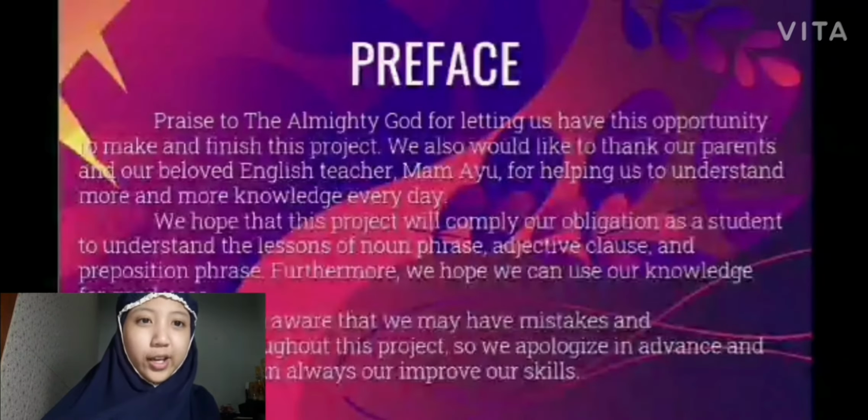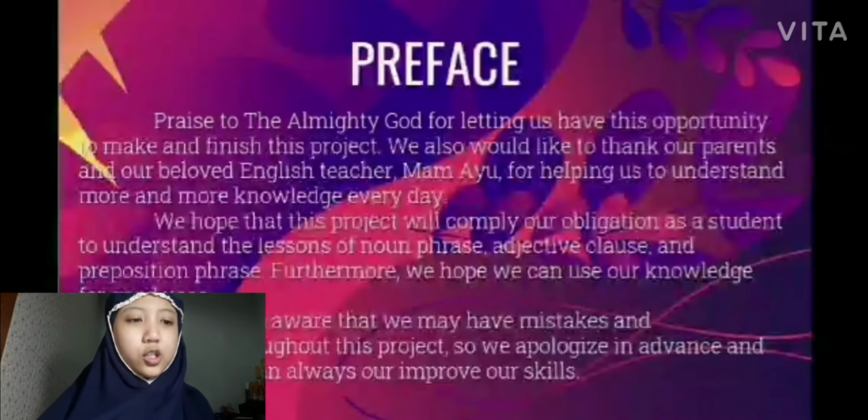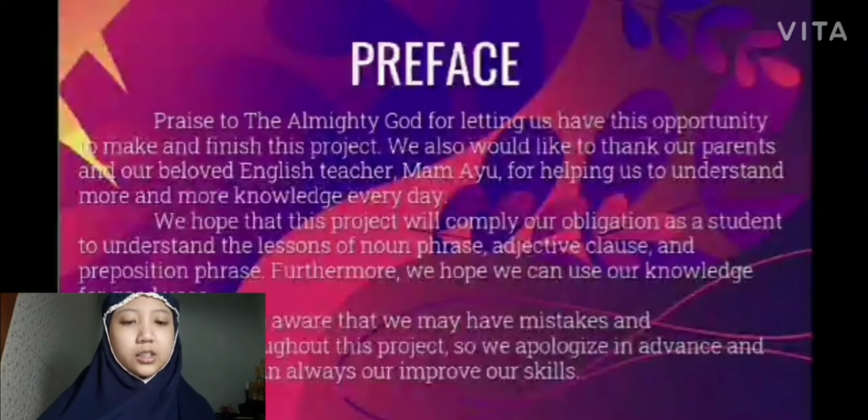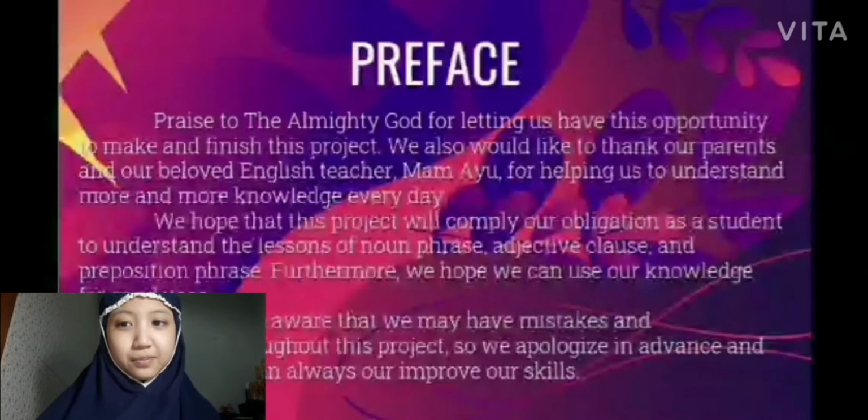First of all, before going into the core materials, we are going to show our gratitude for the blessing of the Almighty God that has let us finish this project. And we are going to thank our family and friends, and most importantly, Miss Sri Rahayu Prihandani for helping us finish this project.